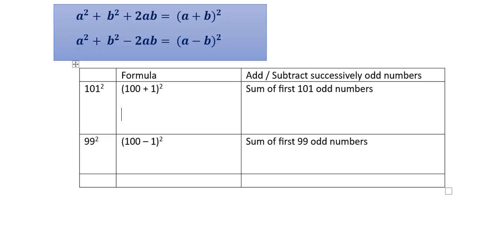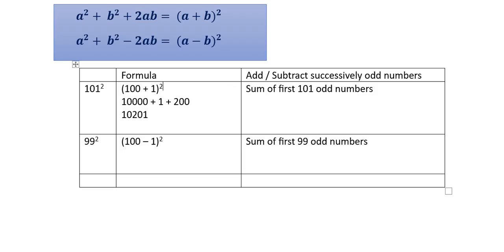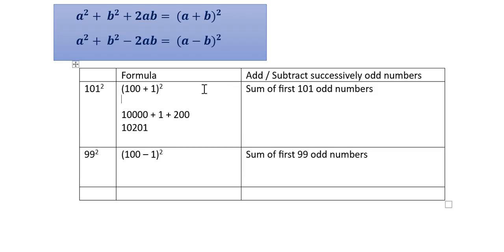So a square is 100 square, plus b square is 1 square, and then 2 into 100 into 1, which is 200. When we solve this, we get 10201. So using this formula, we can solve this.